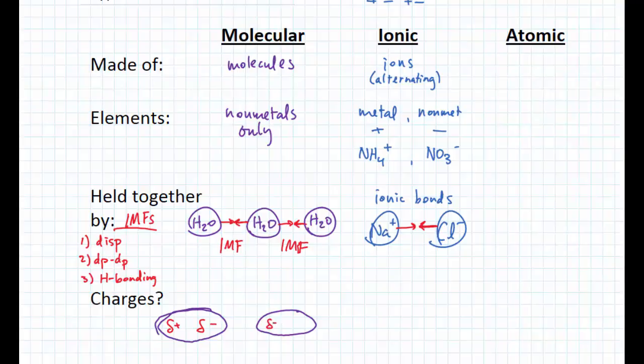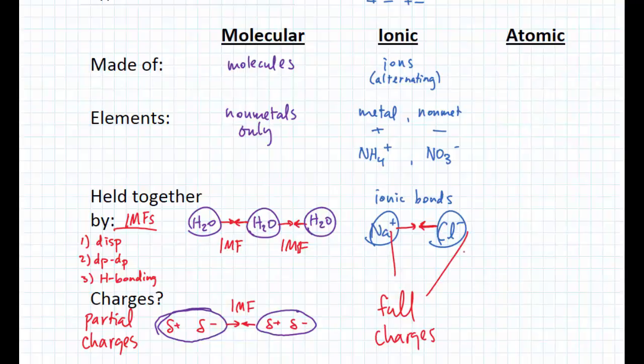But in each of those types, we had intermolecular forces pulling those opposite partial charges on opposite ends of those molecules. But over here in ionic, these are full charges, where sodium totally lost an electron and that chlorine totally gained an extra electron.